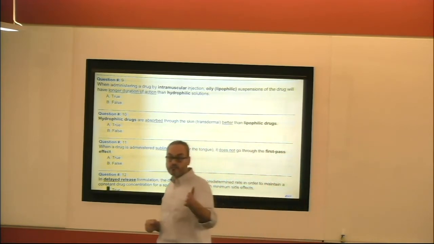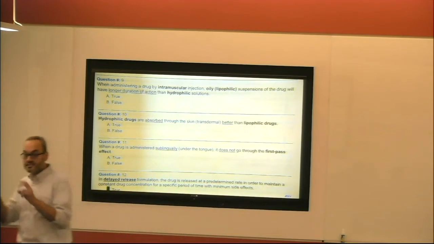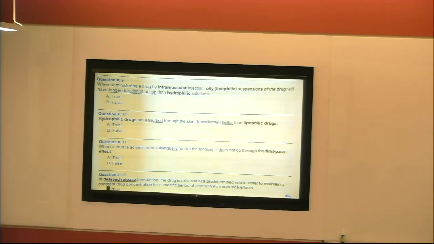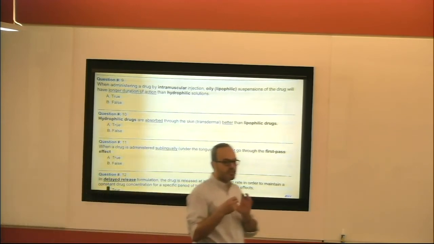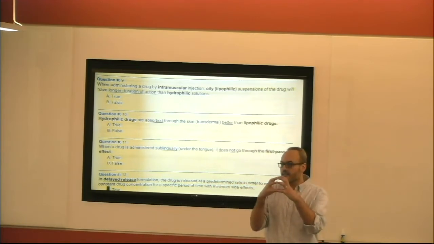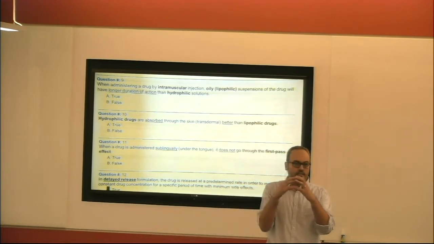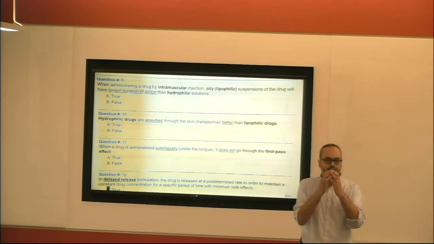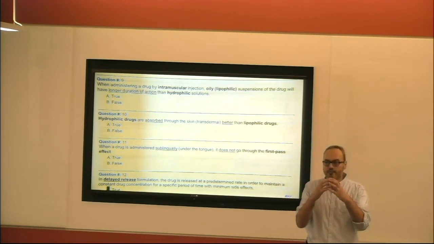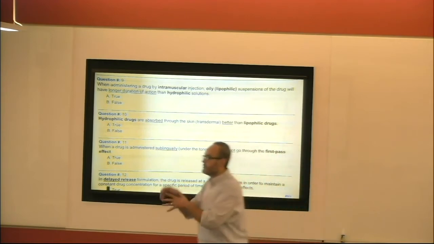Exactly. They're lipophilic, or designed using a prodrug, as we talked about, to be lipophilic, such that when you administer the drug, it makes a clot inside the muscle that does not dissolve easily, and it takes like 3 months for this lipophilic clot to dissolve slowly. So it releases the drug over a long period of time.